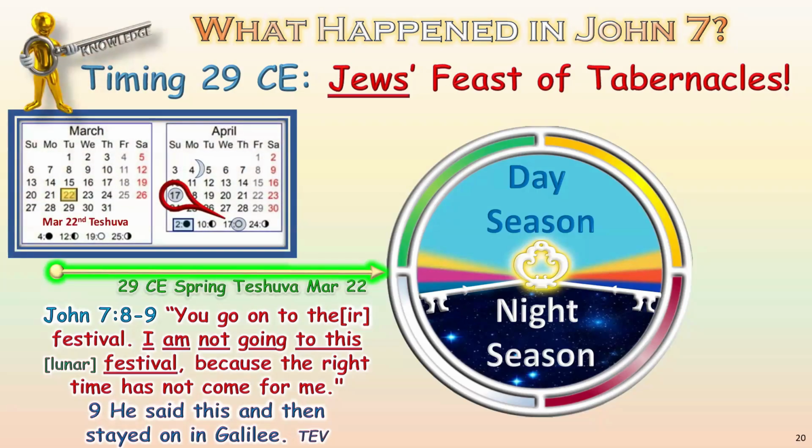Well, this is a calendar of what was happening in 29 Common Era. In March of that year, on the 22nd of March, that was the day of Teshuvah. March 22 Teshuvah, right here on the calendar. But their moon didn't show up.